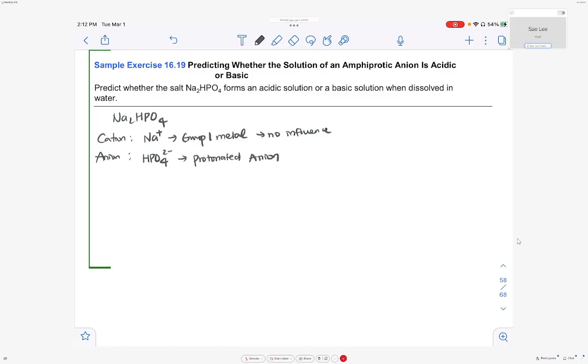So this anion is from a polyprotic acid. Okay, so this will have influence on pH, but we have to compare the Ka and Kb value to see whether this anion acts as an acid or base.